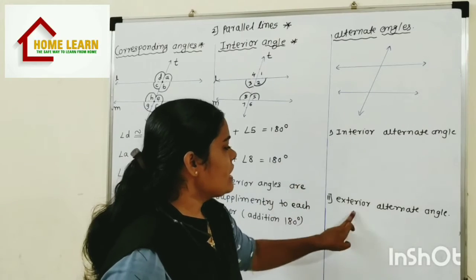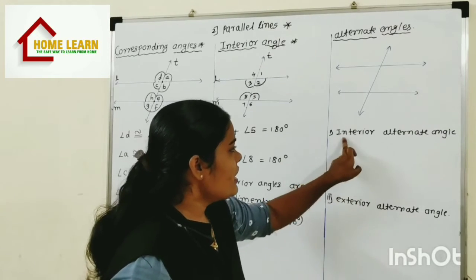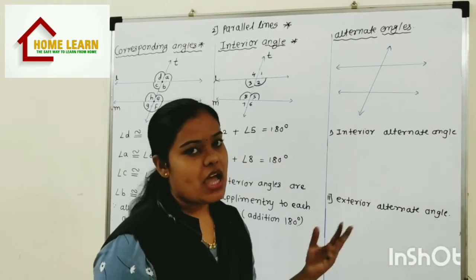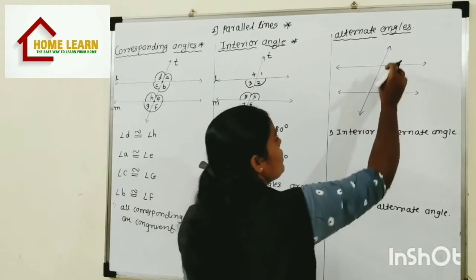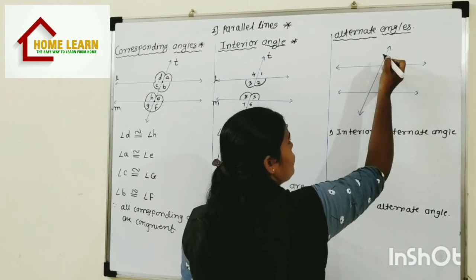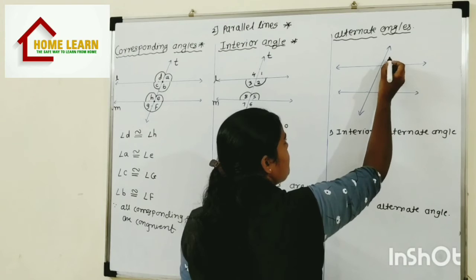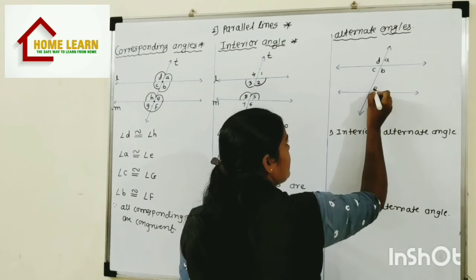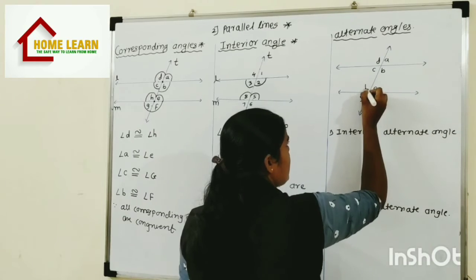The meaning is in their words. Interior means the inner part of the two lines and exterior means the outside part. To show this, let's mark the angles as you like. Write here A, B, C, D, E, F, G, H.